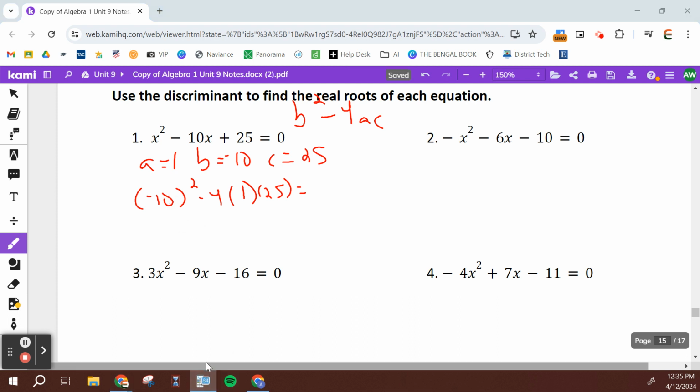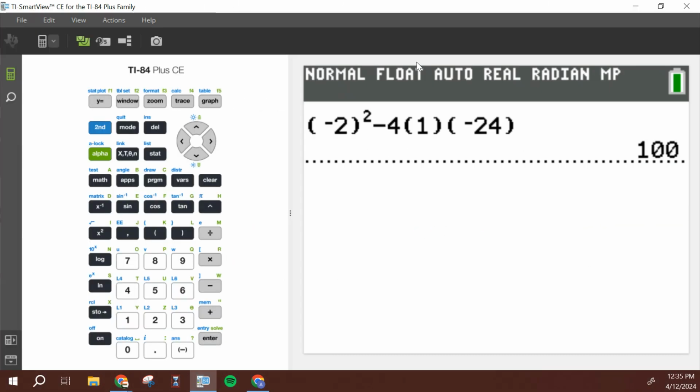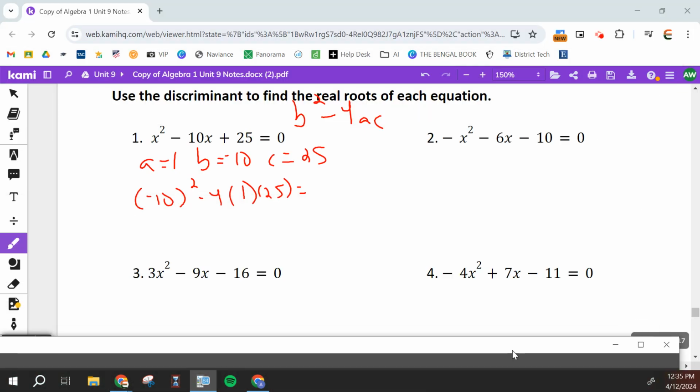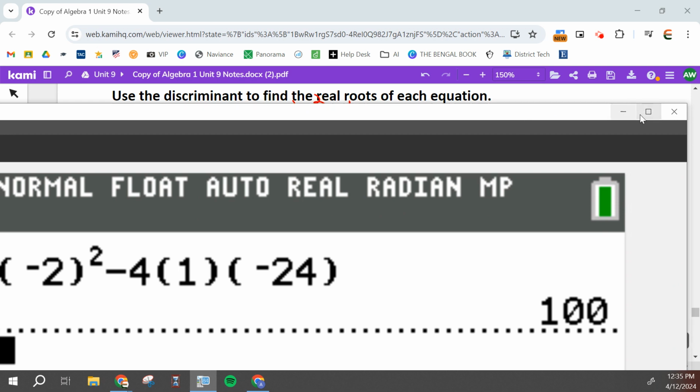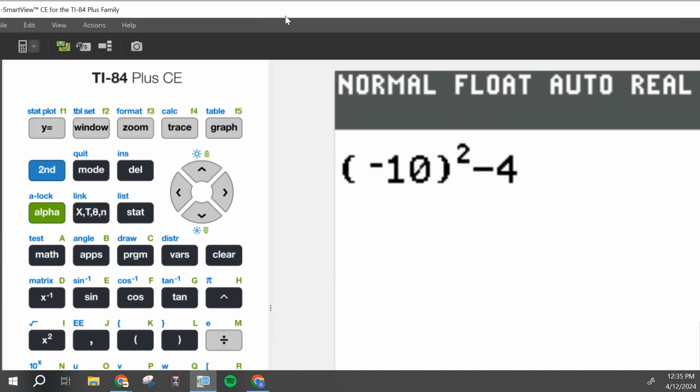So should have opened it up first, but here it slowly comes, and it went to my other screen, so that's fine. But we had, I gotta check what we had, negative 10 squared. So make sure you're putting those parentheses around there. My shortcutters, this is where you're getting yourself. Minus 4 times 1 times 25.